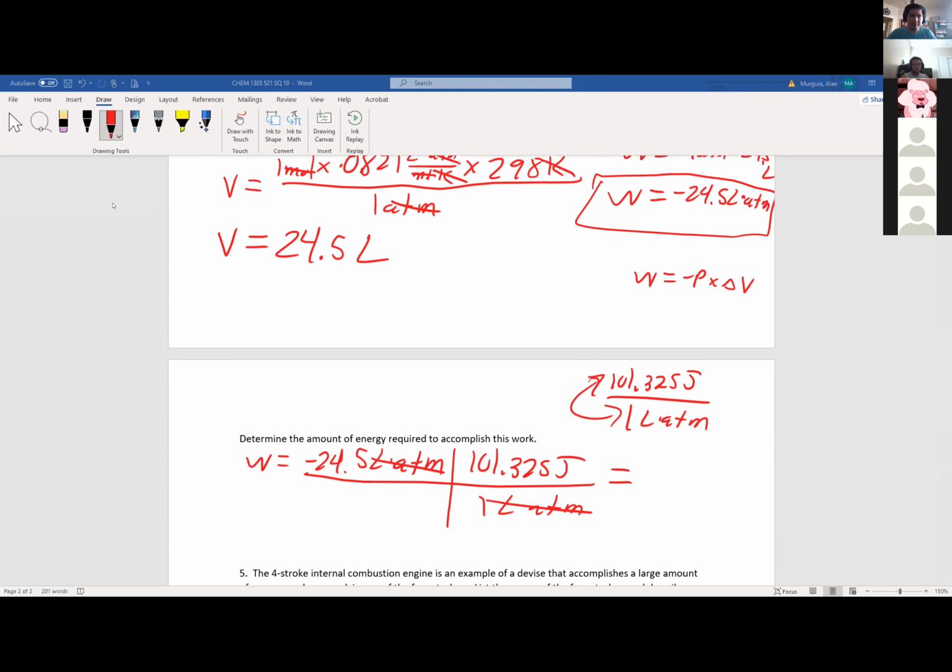Perfect. Let's see, we have negative 2,482.46 joules. Does everyone agree?